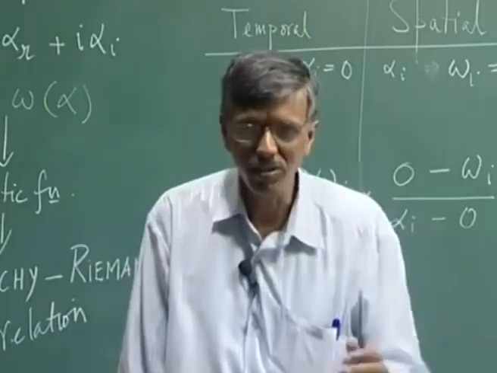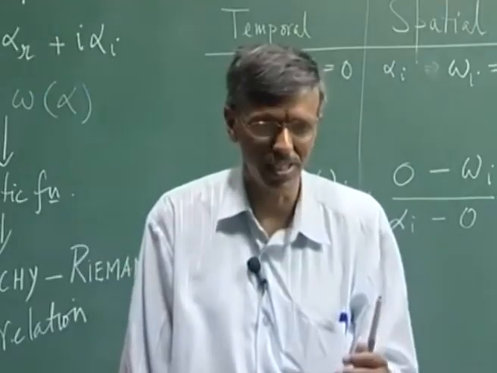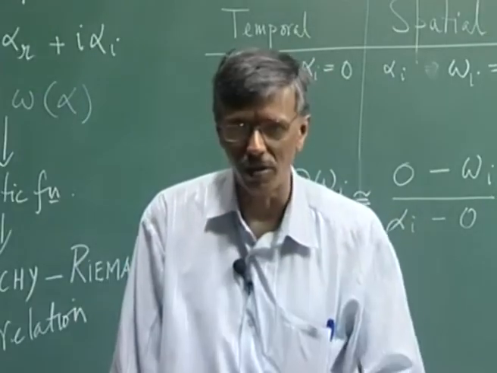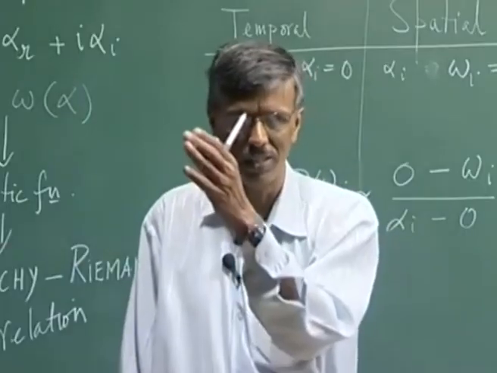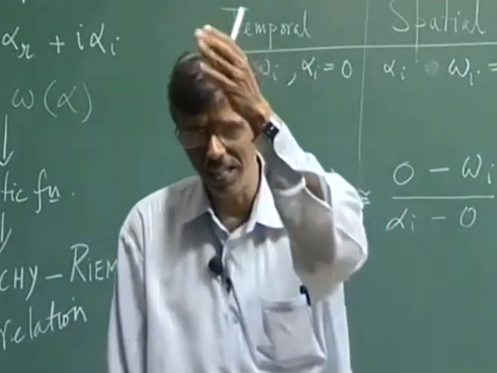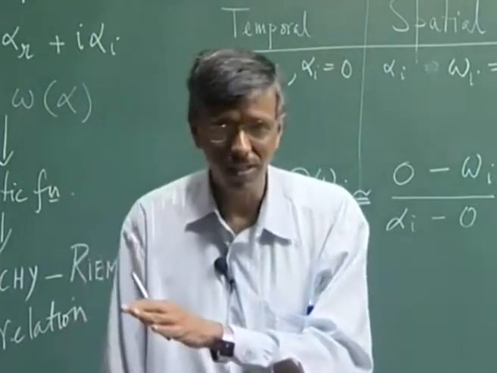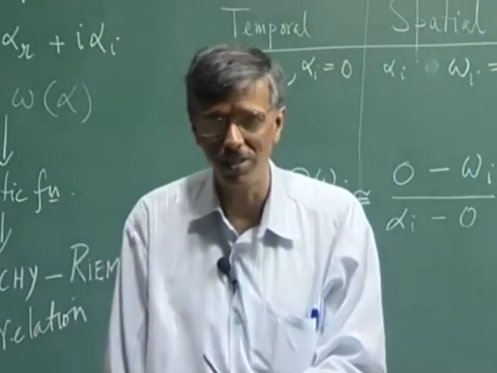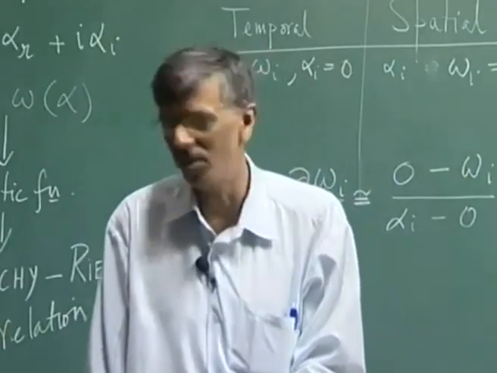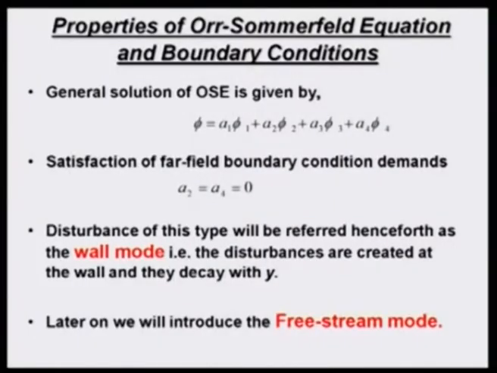So, your disturbance should match up to that condition. It may be 0 at the wall. So, it will grow with height and it will saturate to the excitation level, but that is what is not very cleanly brought out by the stability theory at all. So, people have actually missed it. It was only in the late 90s that we made this idea somewhat common to the knowledge of the research community.